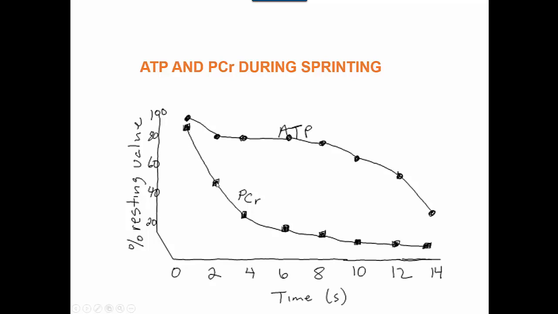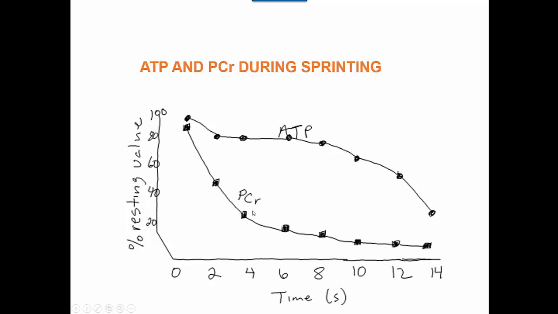As soon as we take off, within that first 2 seconds, look what happens. The phosphocreatine stores drop to about 50%, and the ATP levels drop to about 80%. And then it continues to decrease at 4 seconds, at 6 seconds, at 8 seconds. You're down to about 20% of resting value, so you're 80% depleted here. At 10 seconds, and into the 10, 12, 15-second range, you're down to nothing.